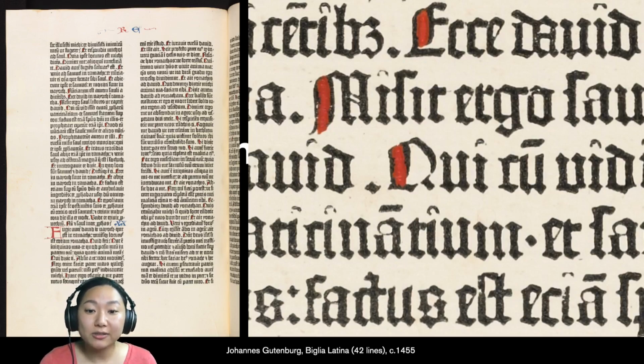So you can imagine that once a mold for an O was made, there would be more O's of that same shape cast in metal. And so therefore the O's would look exactly the same, as opposed to the letters that were being written by the scribes in the medieval times, where every time you write an O, it would look slightly different.